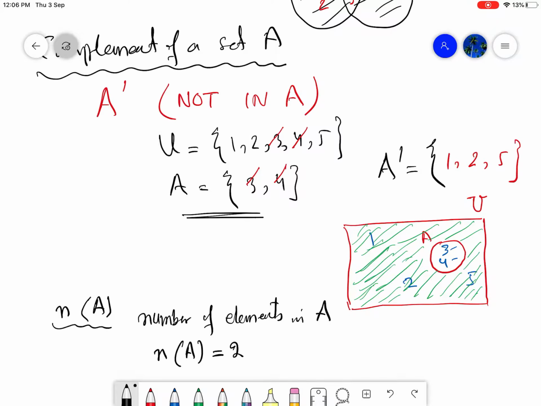So N of A is equal to 2. For the universal set, in this case, there were 5 elements. So the universal set has 5 elements. So number of elements of U is equal to 5. Okay. Now you should be able to do questions from exercise 2.